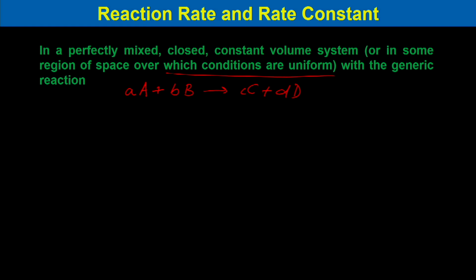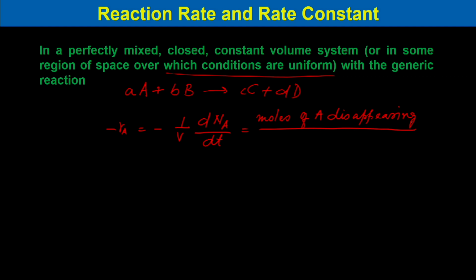We can write the rate of disappearance of A as minus rA equal to minus 1 by V dNA by dt, which is equal to moles of A disappearing divided by volume into time.